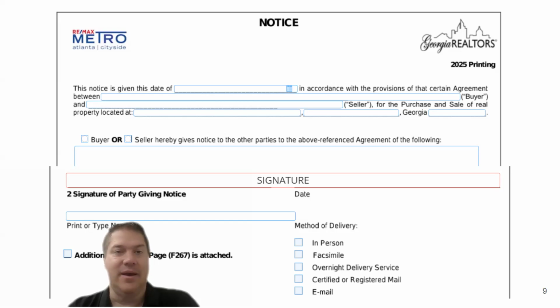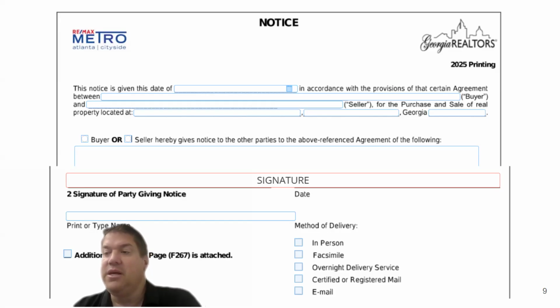Yes, every single time. So if you want to deliver in person, which is usually only semi-convenient if you happen to be in the same office as the other party, but there's rarely, even that might be a challenge. You can do overnight delivery, you can do certified or registered mail, and then of course, assuming that they have an email address in the signature section, you can send it via email.